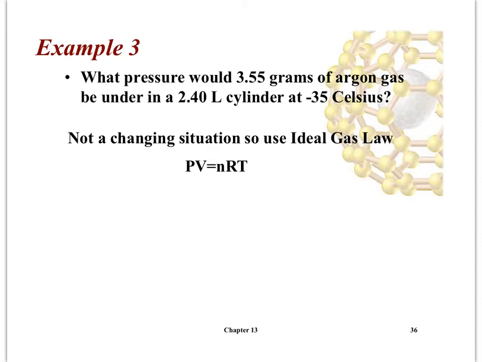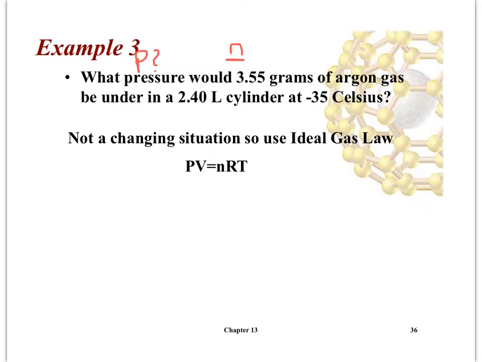So what pressure, that's a P, and I'm looking for that. 3.55 grams. Now, that's not a P or a V or an N or a T. It's a mass. So if you think about it, though, mass can be used to find amount. So I'm going to put an N there, but just be careful that that's not moles.